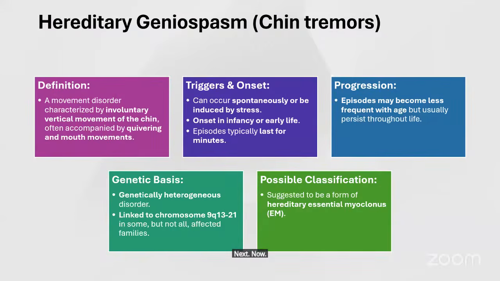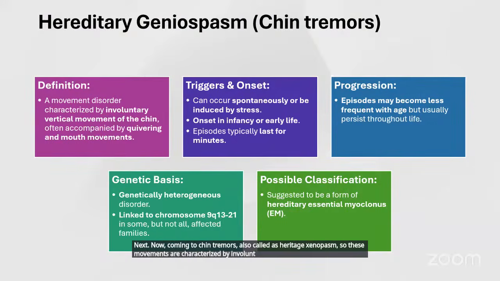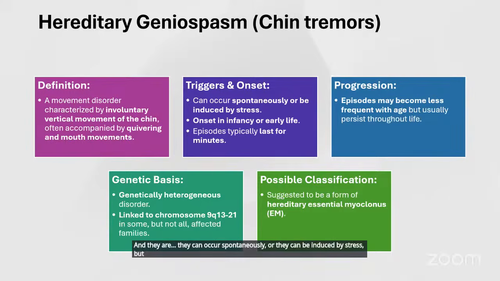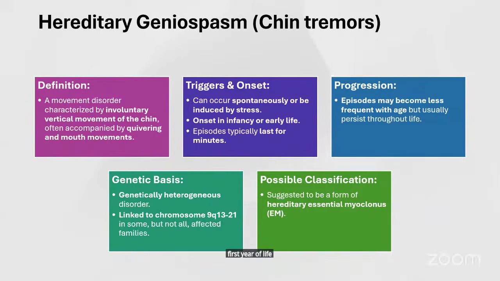Now coming to chin tremors, also called hereditary geniospasm. These movements are characterized by involuntary vertical movement of the chin, often accompanied by quivering and mouth movements, and they can occur spontaneously or be induced by stress. They are usually seen in infancy or early life, that is in the first year of life, and the episodes usually last only a few minutes.